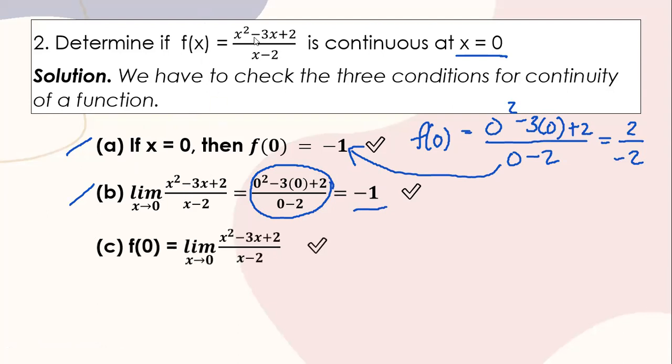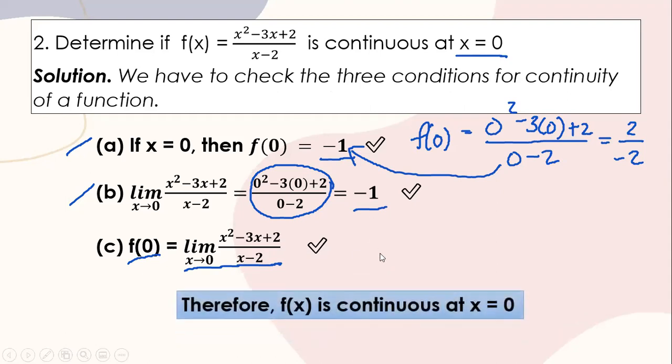For our third condition, equal ba yung nakuha natin sa dalawang condition? Yes, we get a value of negative 1 for both the first and second condition. Thus, f of 0 is equal to the limit of x squared minus 3x plus 2 over x minus 2 as x approaches 0. So to conclude, f of x is continuous at x is equal to 0.